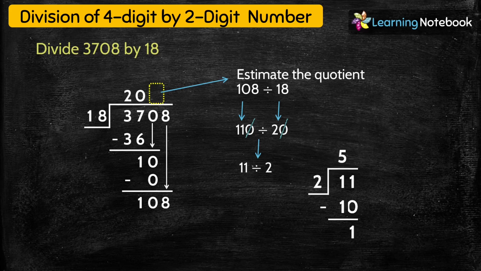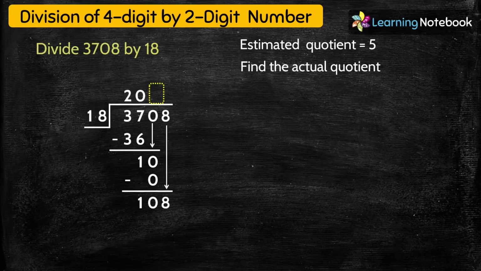On dividing, we get 5 as the estimated quotient. Now let's find the actual quotient on the basis of the estimated quotient. 18 multiplied by 5 equals 90 and 90 is less than 108.